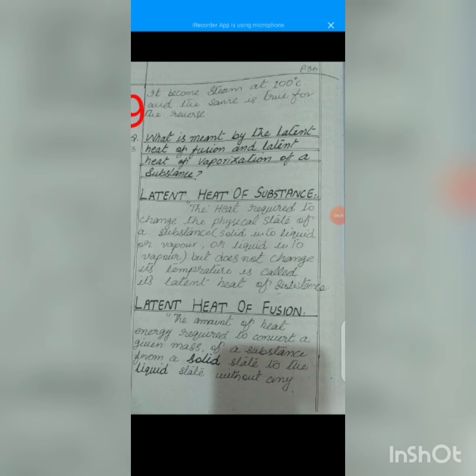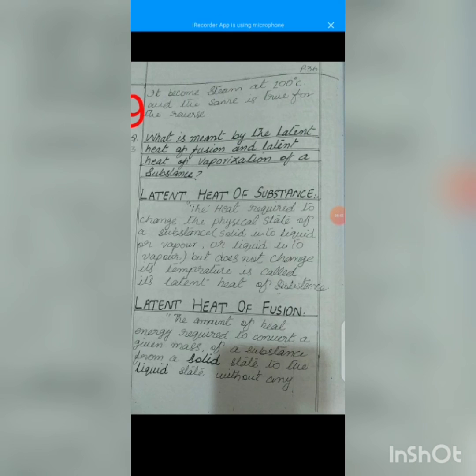Next is: what is meant by the latent heat of fusion and latent heat of vaporization of a substance. Latent heat of a substance: the heat required to change the physical state of a substance, solid into a liquid or vapors, or liquid into vapors, but does not change its temperature, is called the latent heat of the substance.